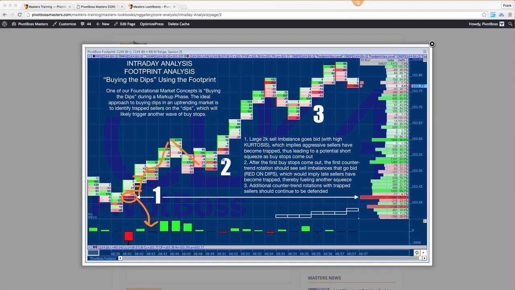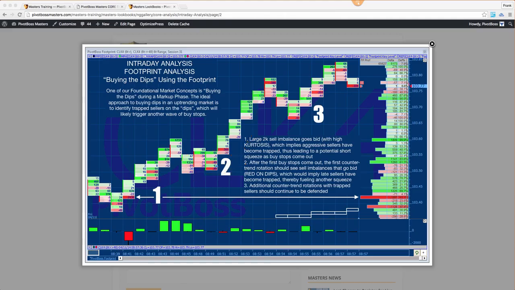And then now on the counter trend rotations, look at these sell imbalances that come in here. When price comes and pulls back, look at all of those sellers come in right there. And all of those sellers become fuel for the next squeeze.